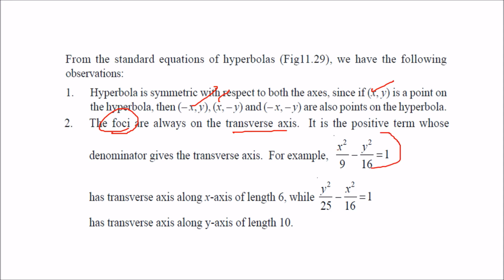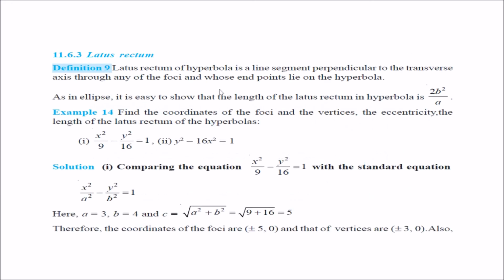See, this is giving you a transverse axis along the x-axis of length 6, while this is going to give you a transverse axis along the y-axis of length 10, right? Latus rectum will always be 2b square by a. Similar discussion as we did in the ellipse.